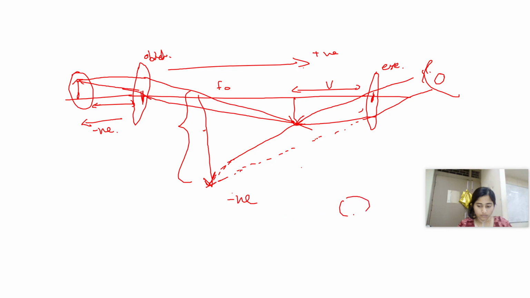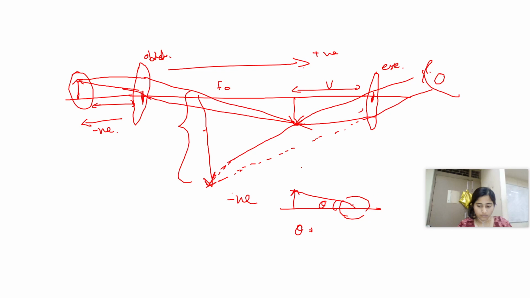See, if you think our eye is here and the object is here, this angle will be there, right? This is the angular measure. Not tan theta, only the theta value. For a smaller angle, tan theta is the same as theta. So this is the theta value.